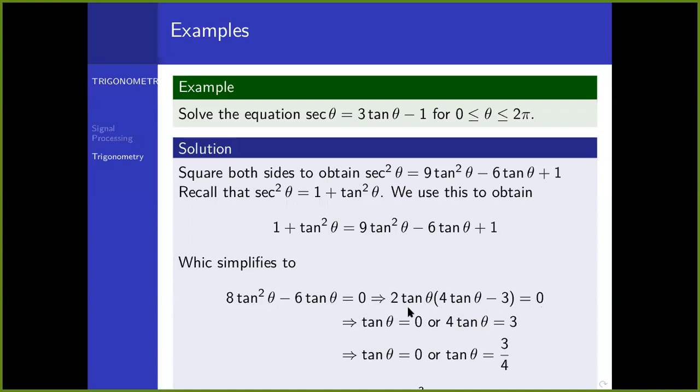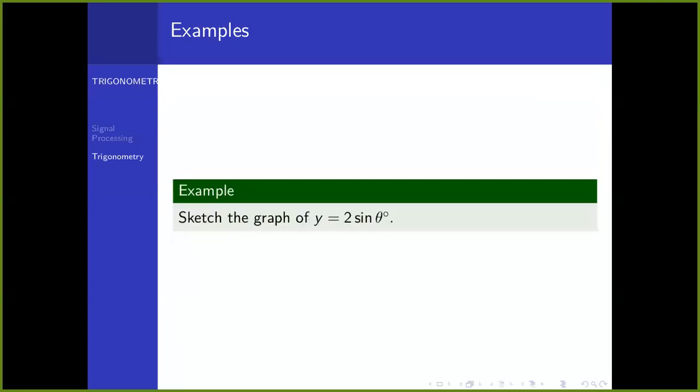So this gives us two options, either the tan of theta is 0 or the tan of theta is 3 over 4. Some of it was cut out, but basically you've gotten the idea of how this is worked out, and we are running out of time. So we'll quickly go over this.